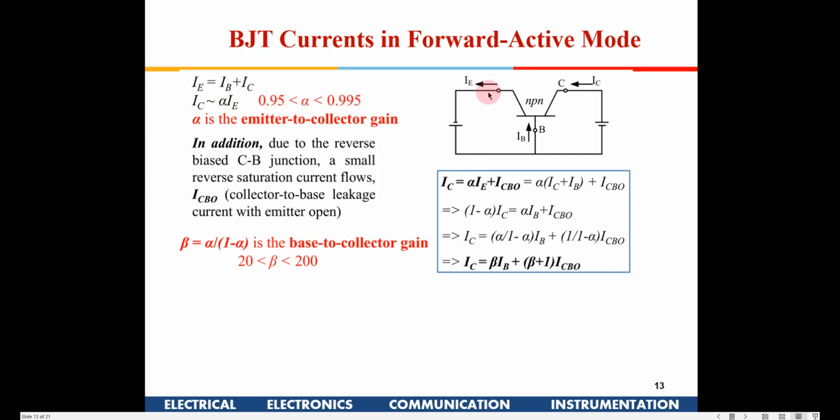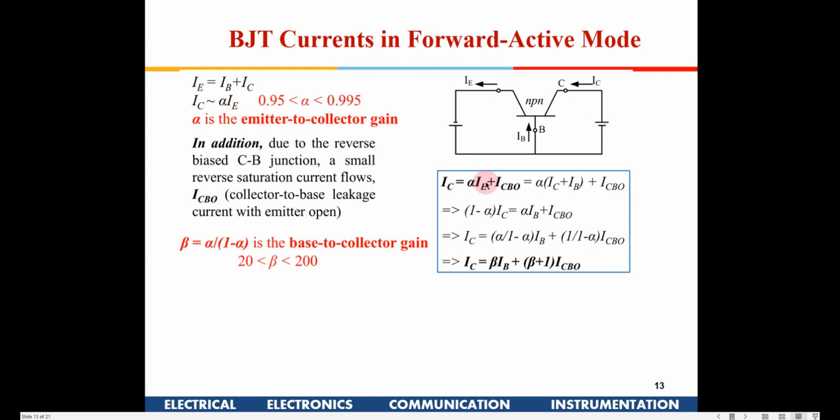We told electrons enter from the P region, a small portion comes to B, and the rest goes to IC. That means IC and IE are approximately equal, right? So it is around 0.95 to 0.995. That small fraction is given by a value known as alpha. So IC and IE are related by this equation: IC is approximately alpha times IE, right?